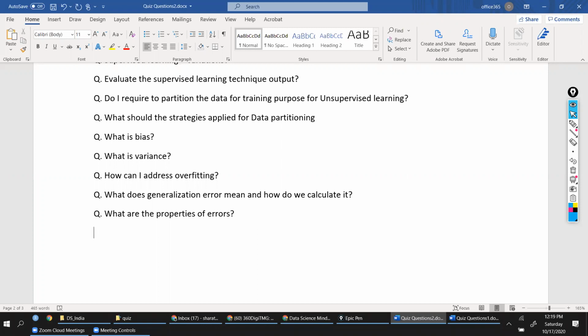That means they should be normally distributed. Errors should be normally distributed. And the errors should be statistically independent of each other. And errors should also be identical, similar to each other. Right? That's what IID means.